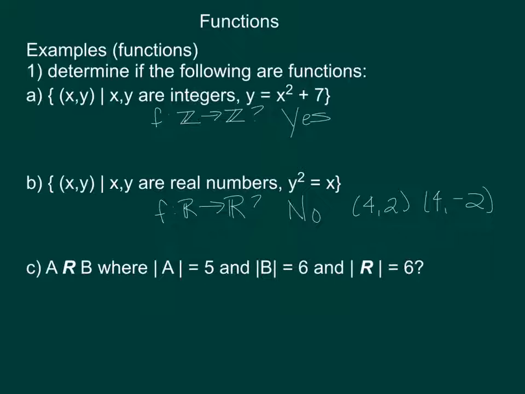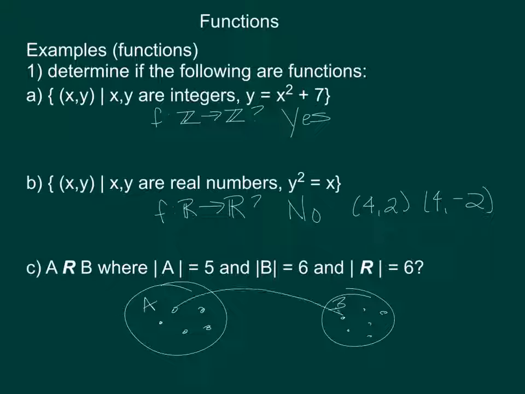The last question, A is related to B, where the cardinality of A is 5, and the cardinality of B is 6, and the cardinality of R is 6. So we have some function, set A, mapping to a set B. There are 5 elements. There are 6 elements here. And our relation has 6 pairs.